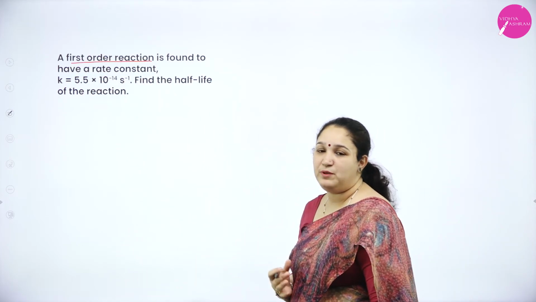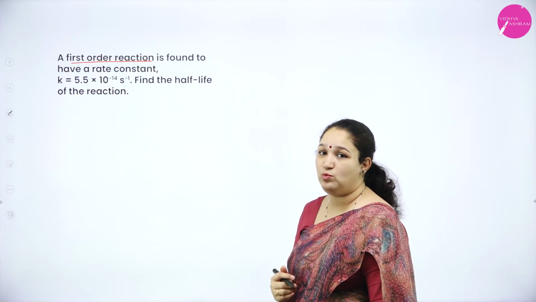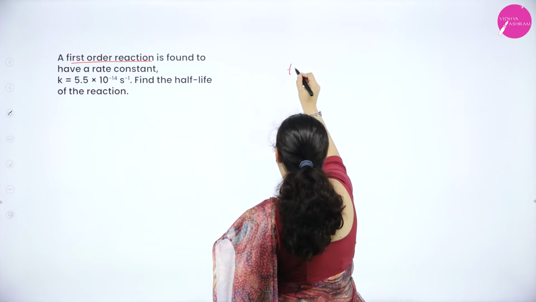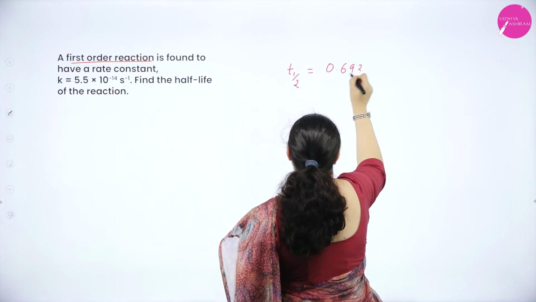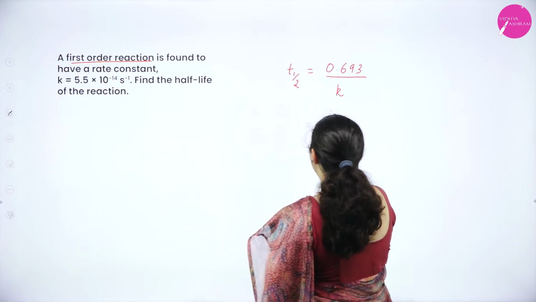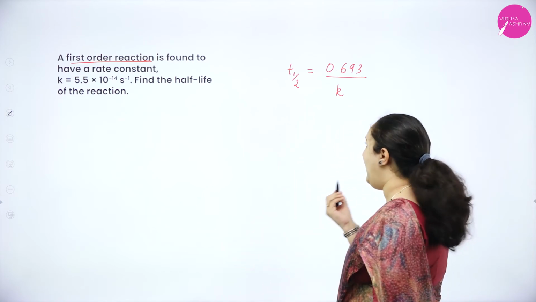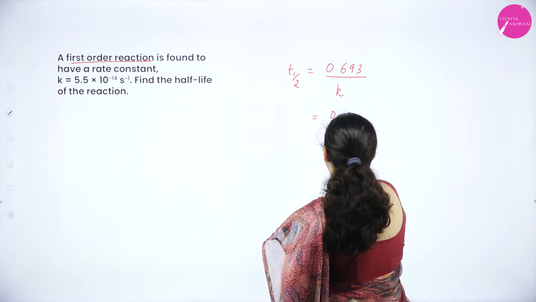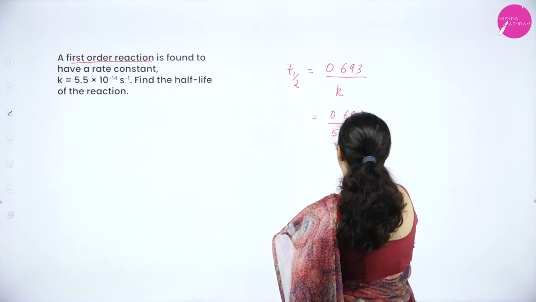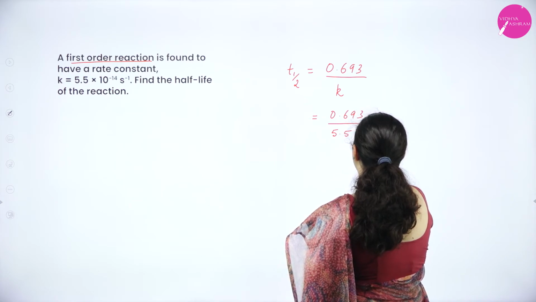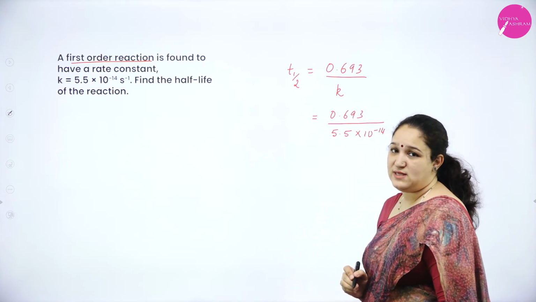It's a very simple problem. It can be asked for 2 marks. So we know the formula as T half is equal to 0.693 by K. K value is given. I have to substitute here 0.693, K is 5.5 into 10 to the power minus 14 per second.